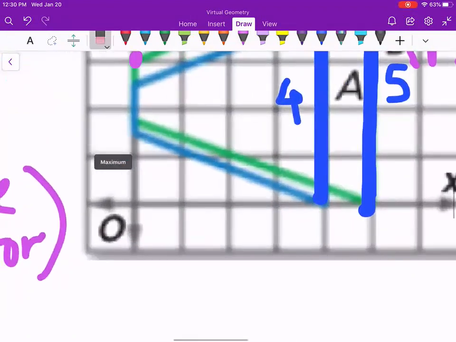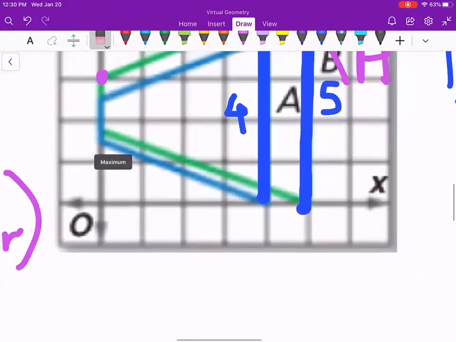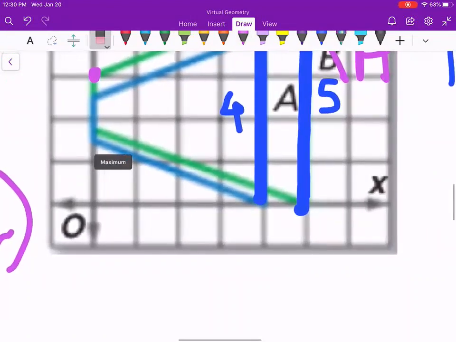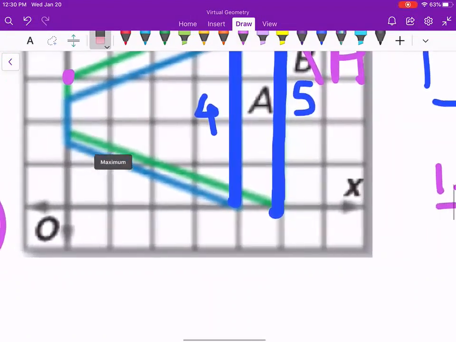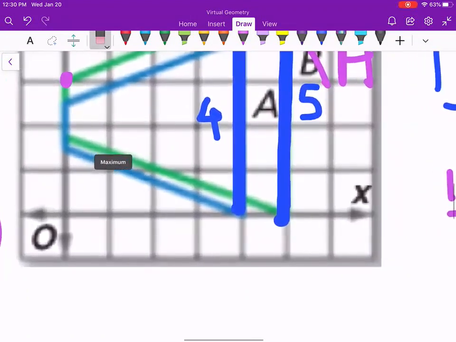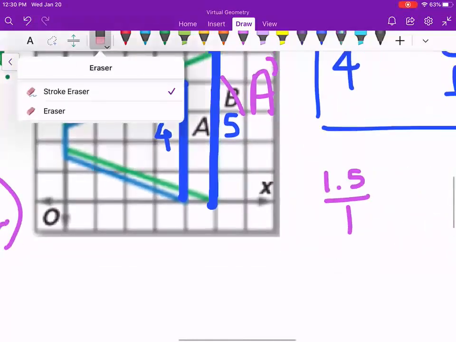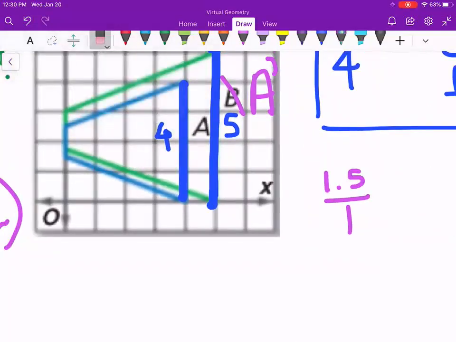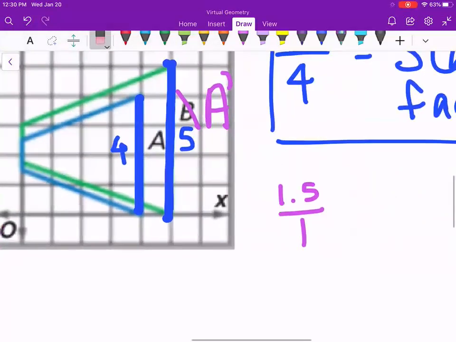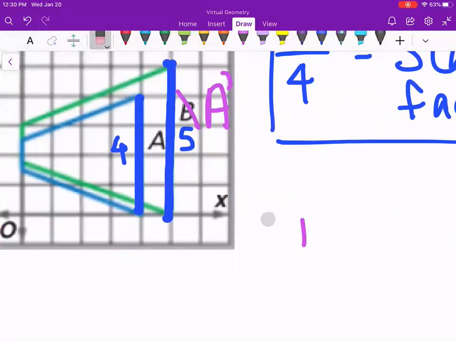Look at where the green is. If the blue is sitting at the half, the green doesn't quite go to the half part. All right, so it's not actually 1.5 over 1, it's actually 1.25 over 1. So for those situations that get real difficult to see where they're hitting, then you don't have to use those sides, which is why I chose to use the other ones, the longer sides that are going up and down vertical, because they're a little bit easier to count.